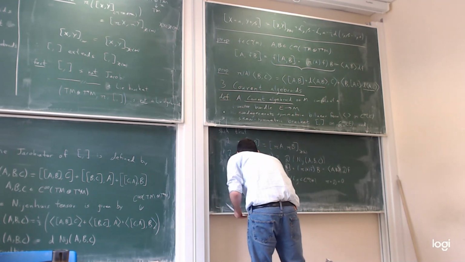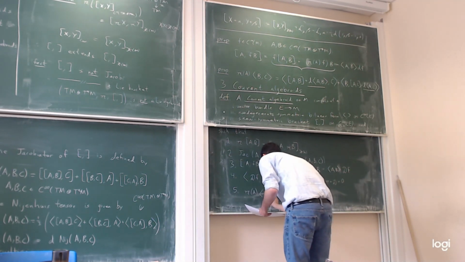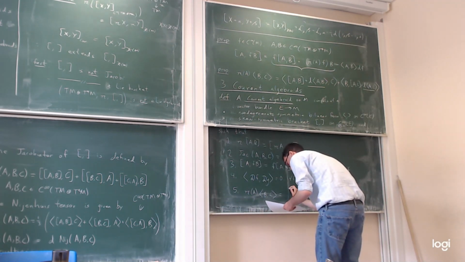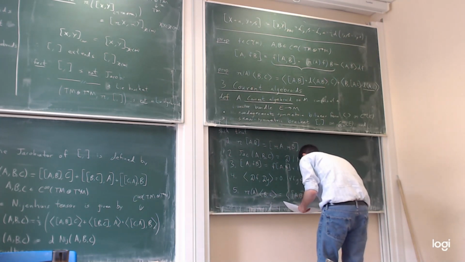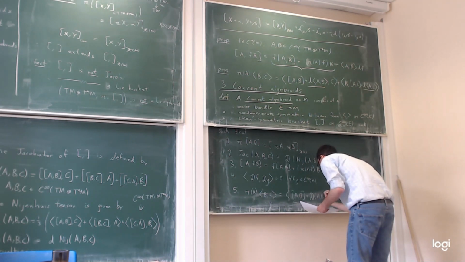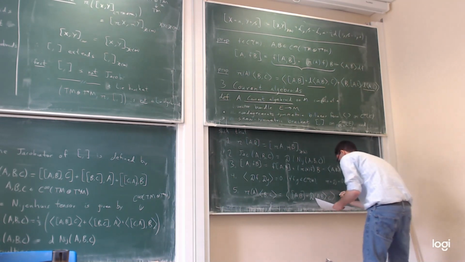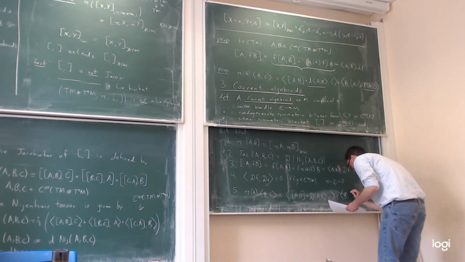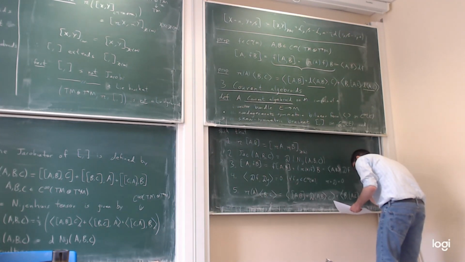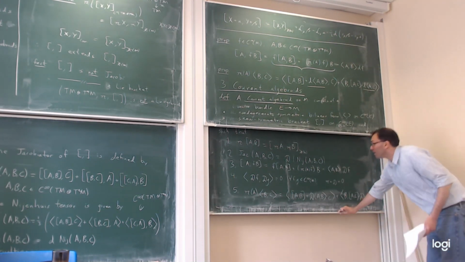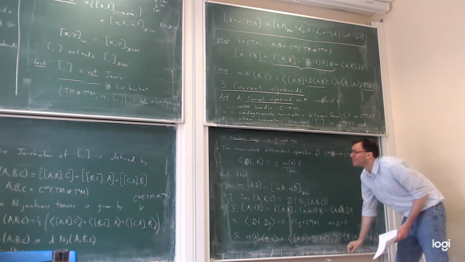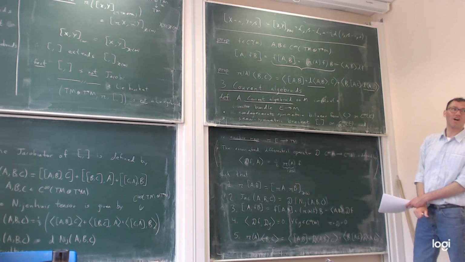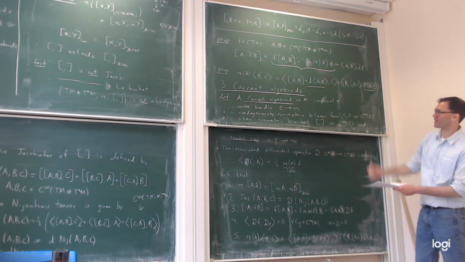So pi A applied to the pairing of B and C is equal to the pairing of the bracket of A and B plus script D of the pairing of A and B, with C, plus B with the bracket of A and C plus script D of the pairing of A and C. And this is the definition, and this is section 3.